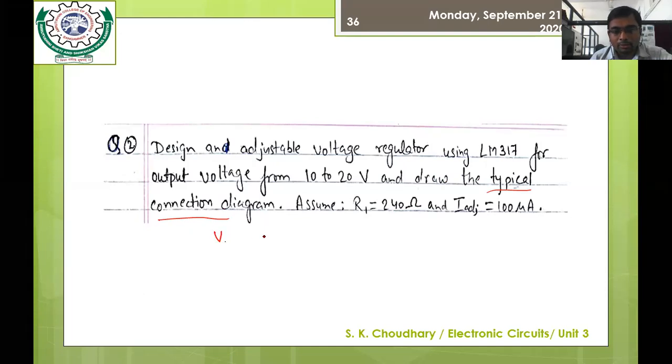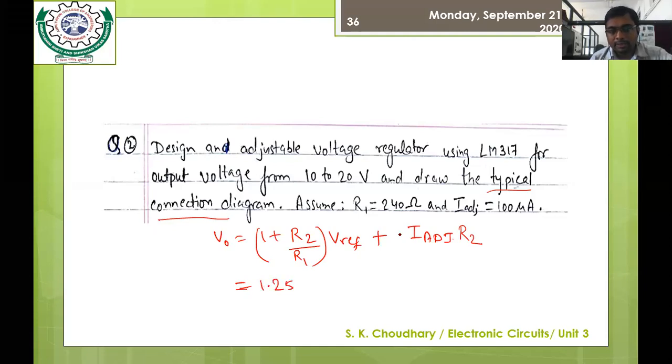So V naught is equal to 1 plus R2 upon R1 into V reference plus I adjustment into R2. So here we have to substitute the value. V reference is fixed.